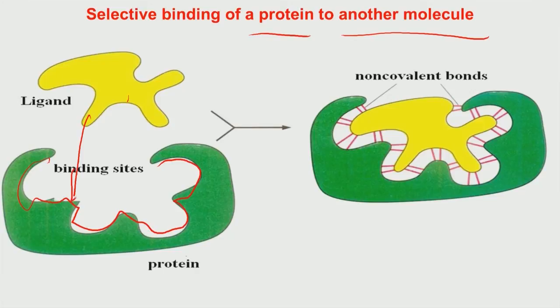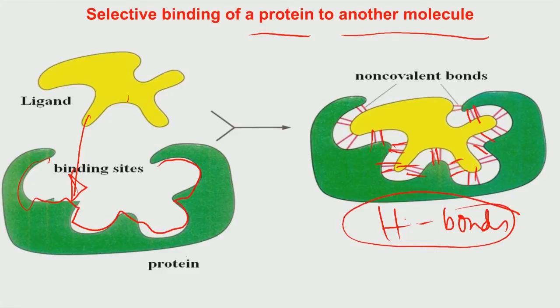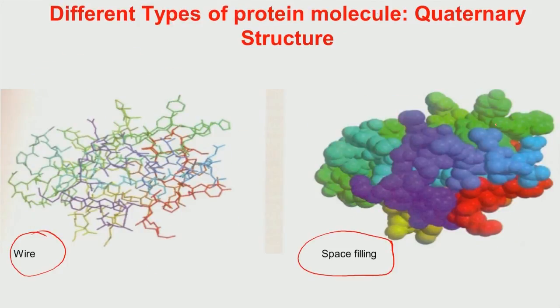These ligands will come and try to establish bonding with this protein structure, and these bonds are essentially non-covalent bonds. Non-covalent bonds can be either hydrogen bonds or van der Waals type bonds. These non-covalent bonds are extremely weak, and therefore, if the ligands try to escape from these bonding sites, it is possible simply by breaking these bonds without much difficulty.